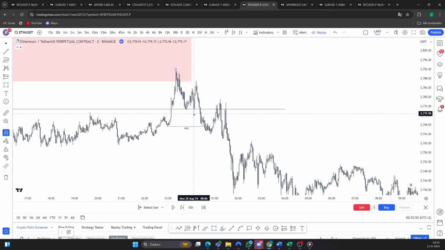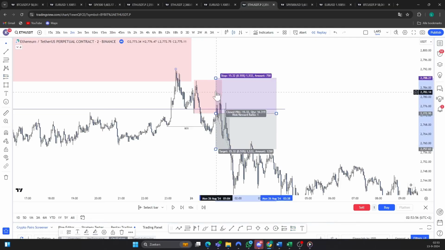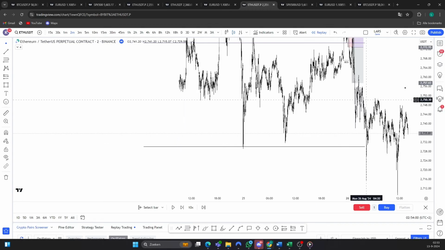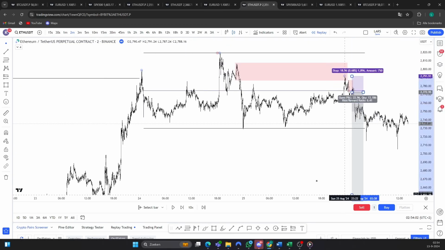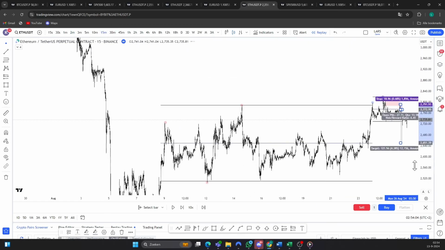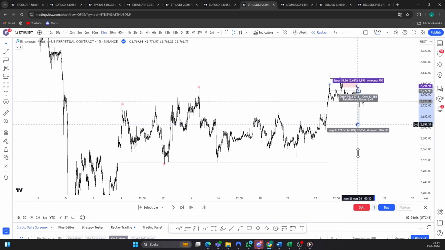Price comes back for a lower high in our structure supply. Let's say we entered on that retest, put our stop loss above our third tap high. Now we can already enter up there for the target all the way down to here. Boom.